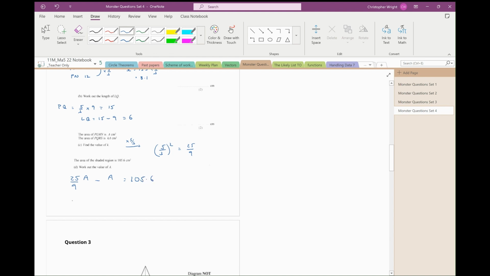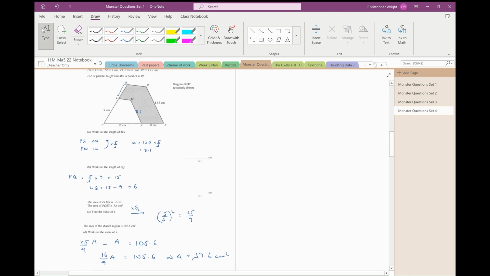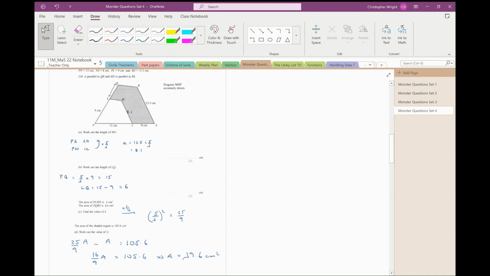I'll just do 25/9 of A minus 9/9 of A. So I get 16/9 of A is 105.6, which tells me that A is 105.6 multiplied by 9 divided by 16, which gives me an answer of 39.6 square centimeters for the area of this smaller quadrilateral. And there's my solution to that question.